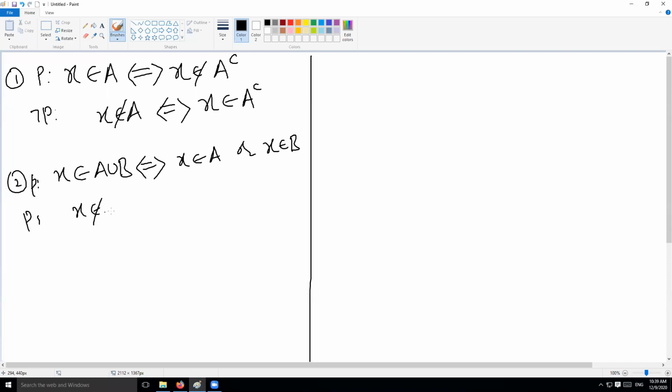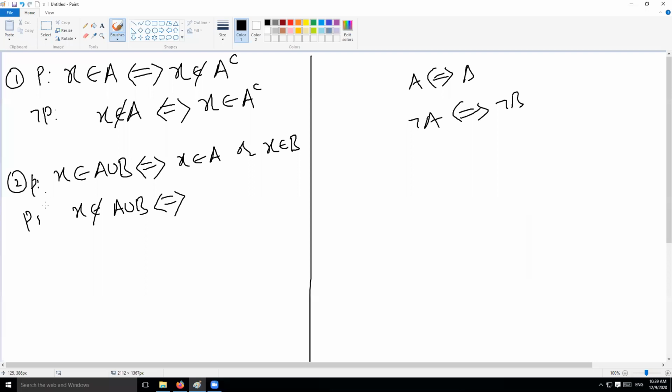That X does not belong to A union B. So in other words, negate both. It is important to realize that if two statements are equivalent, then their negations are also equivalent. You agree with me? Have you seen such a rule?